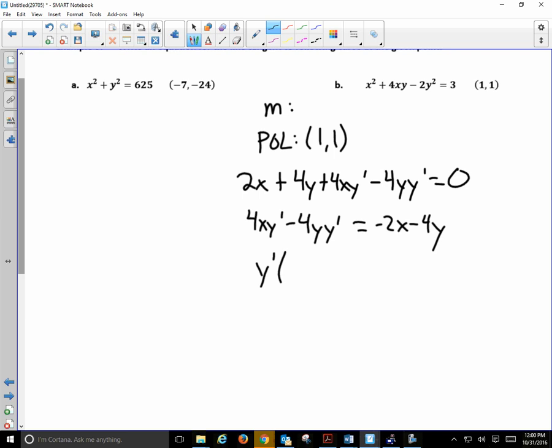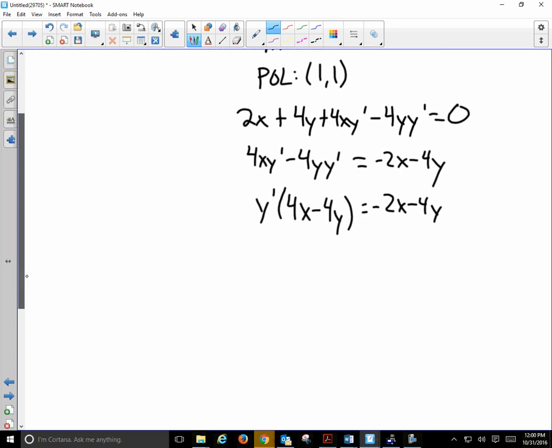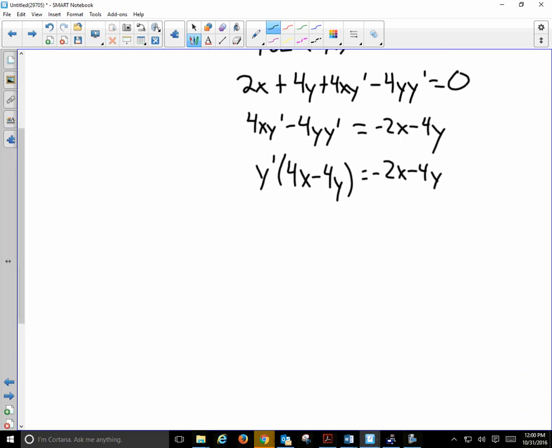Y prime times 4x minus 4y equals negative 2x minus 4y. Divide. And they're all divisible by 2. So y prime is equal to negative x minus 2y over 2x minus 2y.